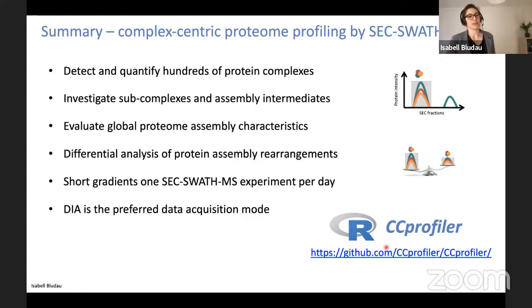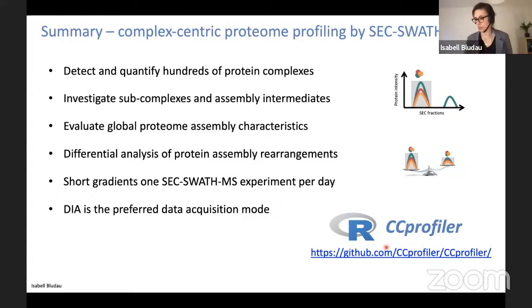Furthermore, we can look at complexes differentially and look at rearrangements across conditions. By using very short gradients, this allows us to measure a single experiment per day, making this much more scalable. And finally, as mentioned before, DIA really has some impact on the quality of the data that we can get.